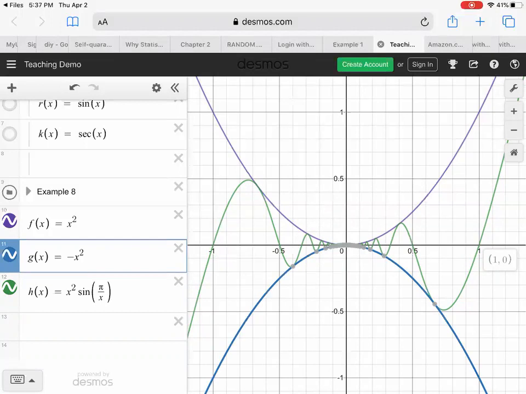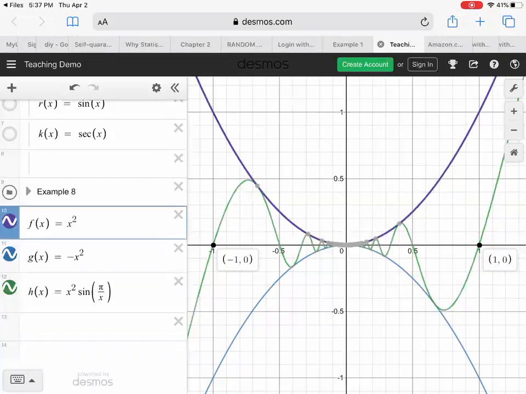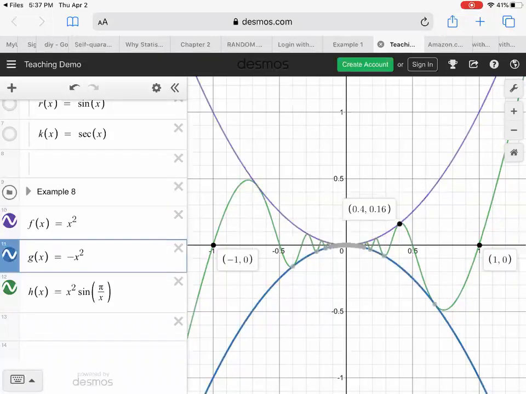And in the interval from -1 to 1, the blue graph, y equals negative x squared, is always less than the green graph. And you can see that the green graph is squeezed between the two graphs, the purple one and the blue one. These two graphs, purple and blue, squeeze the green graph at x equal to 0 at one point here.